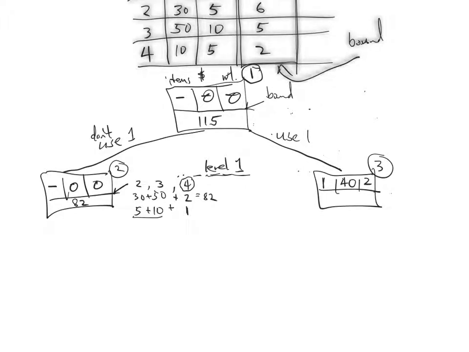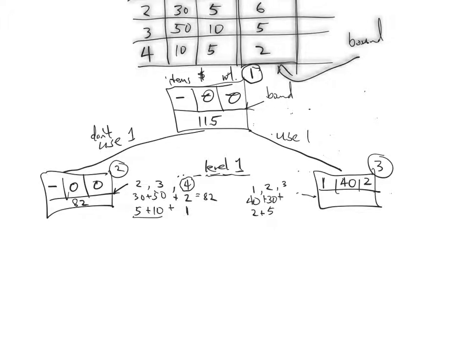Okay. And for this bound, we're using item 1 for 2 pounds. So we have item 1 giving us $40 for 2 pounds. And then we just move down in order. We can use item 2 for $30, and it weighs 5 pounds. And then item 3, we can use all of item 3.